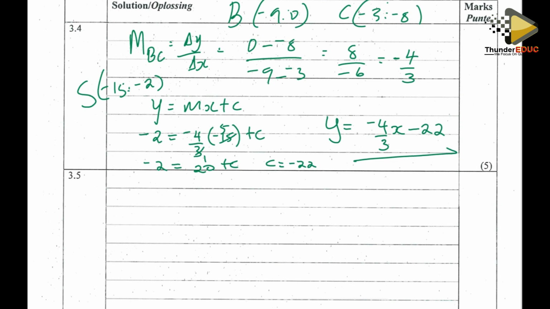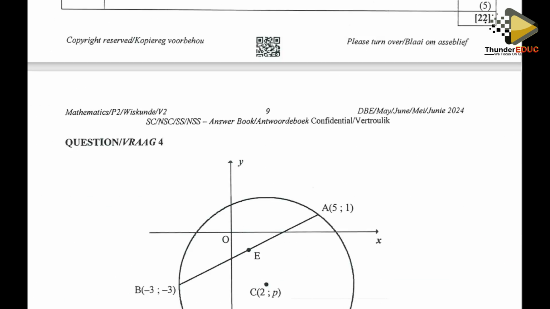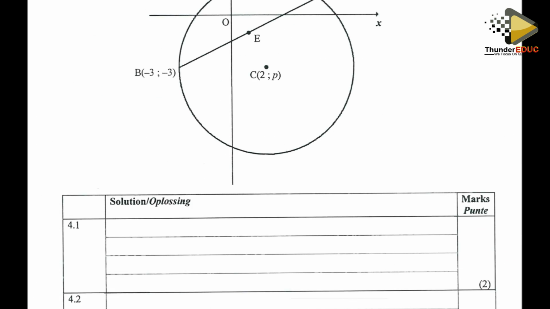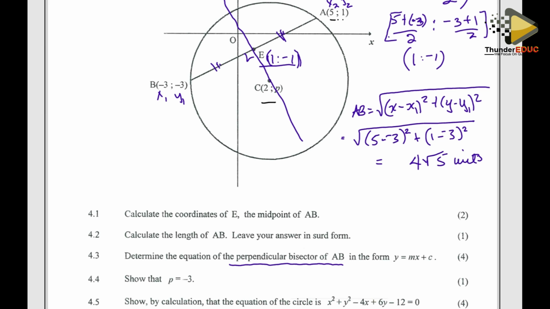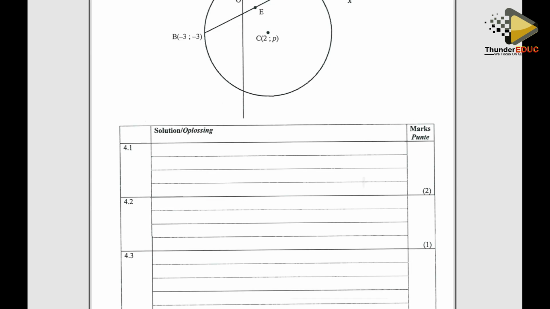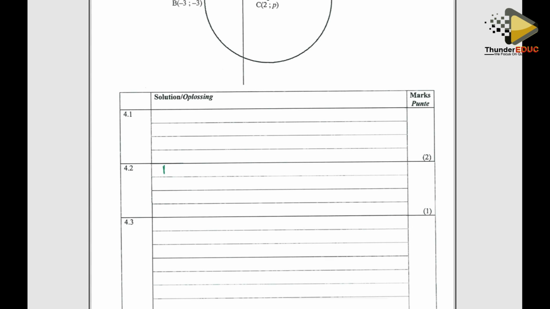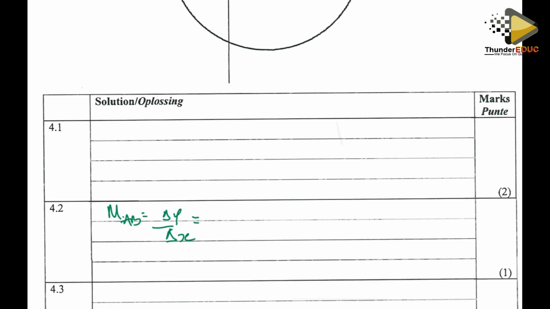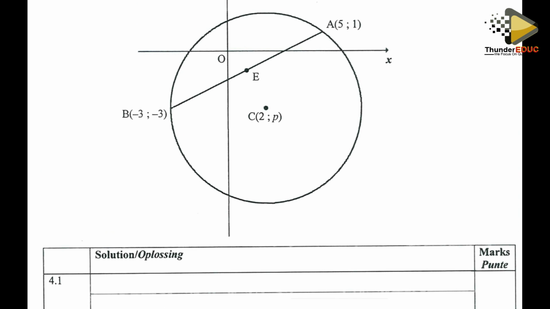But we can get the gradient of AB. The gradient of AB is going to be change in y over change in x, which is going to be 1 minus -3 over 5 minus -3 as well.